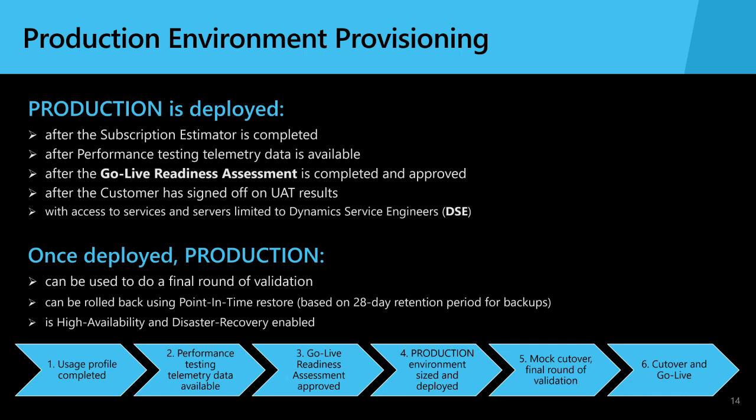The go-live readiness checklist will be submitted, and the assessment will then be prepared and shared with you, and we'll reach mutual agreement on the readiness there. At that point, the production environment can be requested, sized, and deployed. Thereafter, again, we strongly encourage that you perform a mock cutover and do a final round of validation there before using the point-in-time restore capability to roll that back and/or re-execute your cutover activities and actually go live.